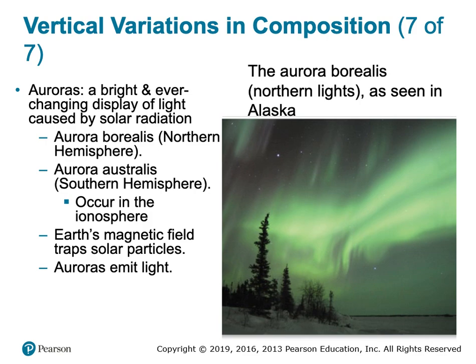Auroras are a bright and ever-changing display of light caused by solar radiation, like we could see in this image. Auroras have different names depending on the hemisphere: aurora borealis in the northern hemisphere and aurora australis in the southern hemisphere. And the Earth's magnetic field traps these solar particles to show these beautiful displays.